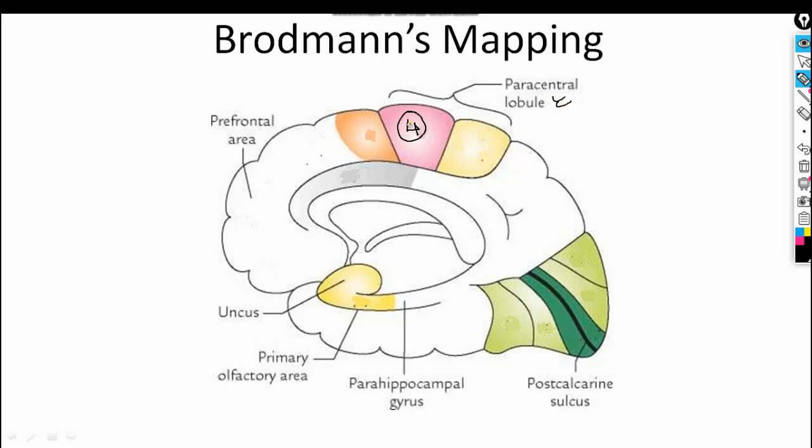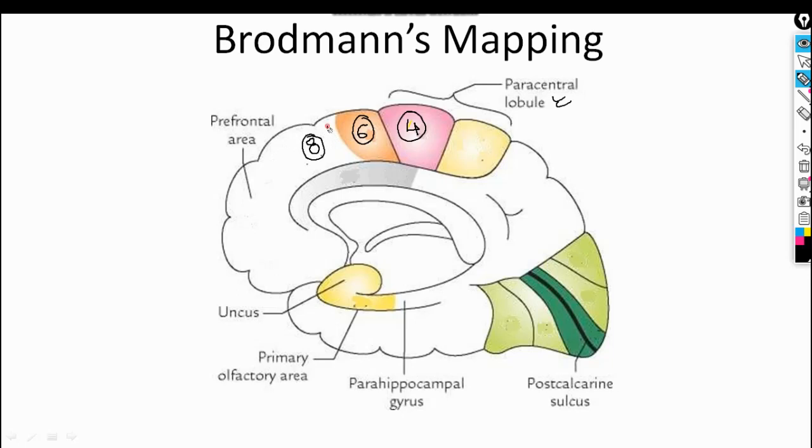Anterior to this 4 is area number 6, and anterior to this 6 is area number 8. So area number 8 is present here, anterior to this 6.